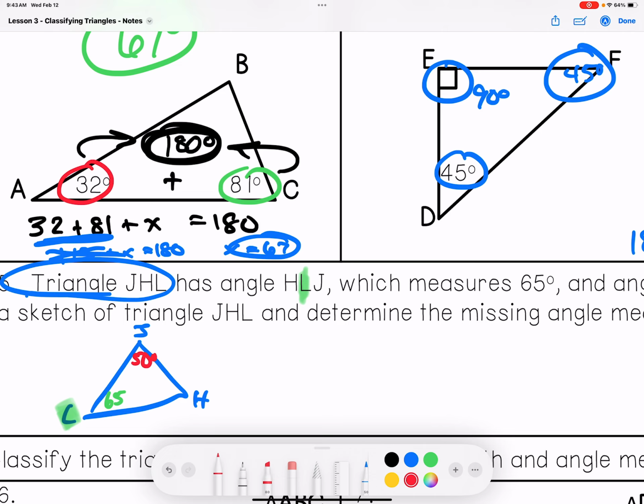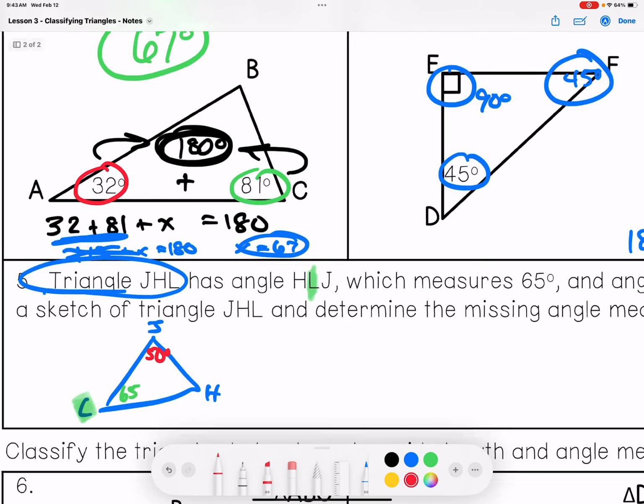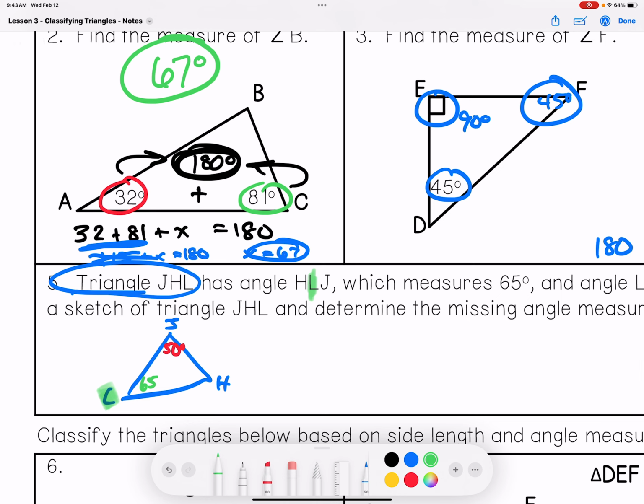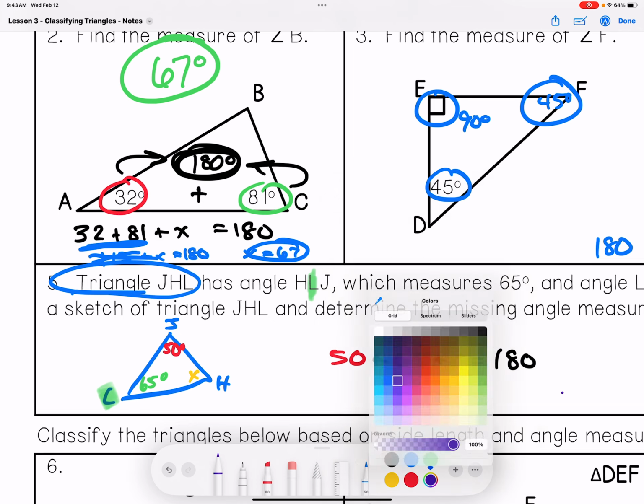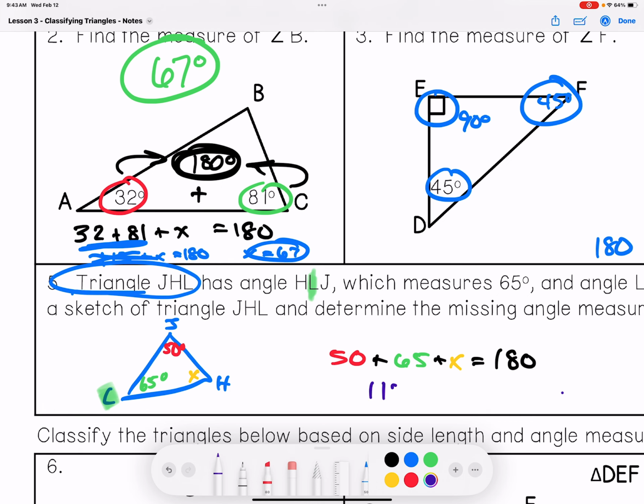Draw a sketch, which I've done, and determine the missing angle. So guess what you do, guys? The same thing we just did. It's 50 plus 65 plus the missing one equals 180. Now all you've got to do is add those up, and you get 115 plus x equals 180, and then subtract 115.